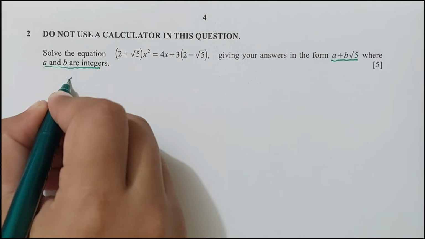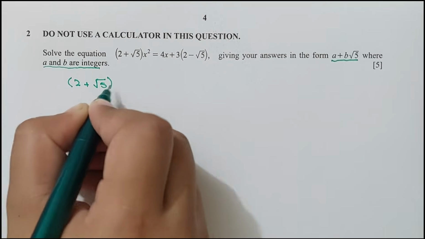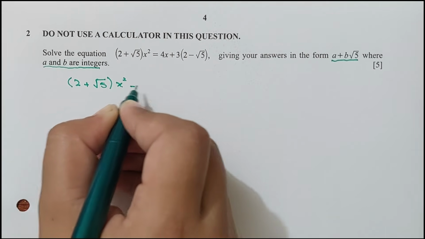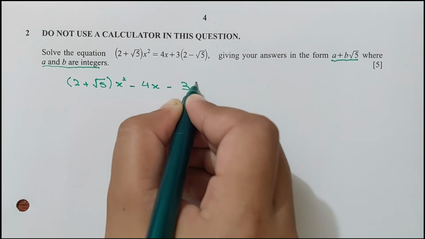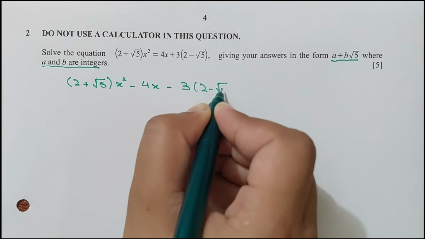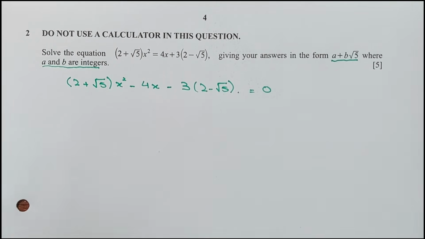This is a quadratic equation. So 2 plus square root of 5 is the coefficient of x squared, -4 is the coefficient of x, and the constant term is -3 into 2 minus square root of 5, equals 0. Now we can solve this quadratic equation by using the quadratic formula.